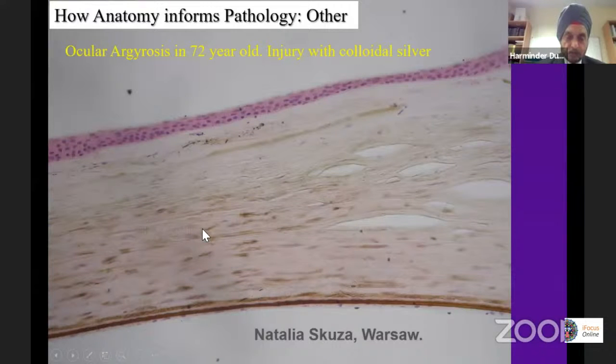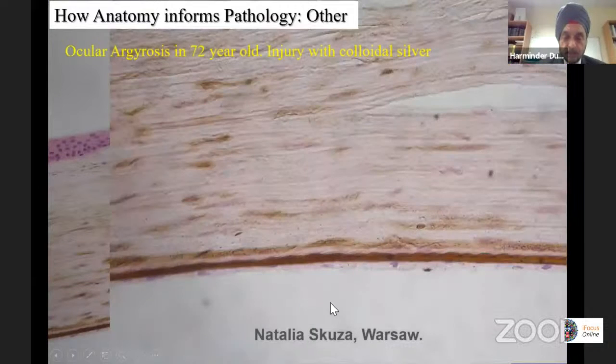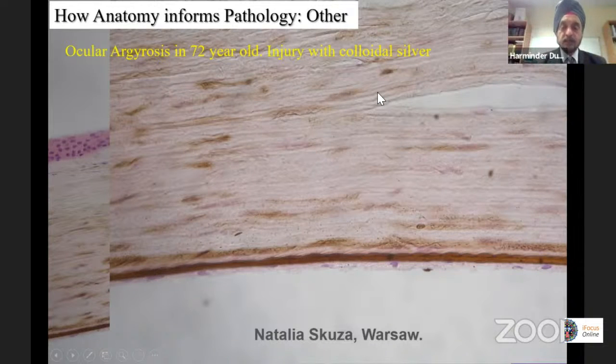Everything else is staining brown with the silver that caused the injury. The pre-Descemet layer didn't stain. And then there's the high power. So that layer is something different, something unique about it. But most of the staining is around the keratocyte areas. Because there are no keratocytes over there, maybe that's why it's being protected. But you should see that even in this pathology, it stands out that there is a separate thing over there which is behaving differently.